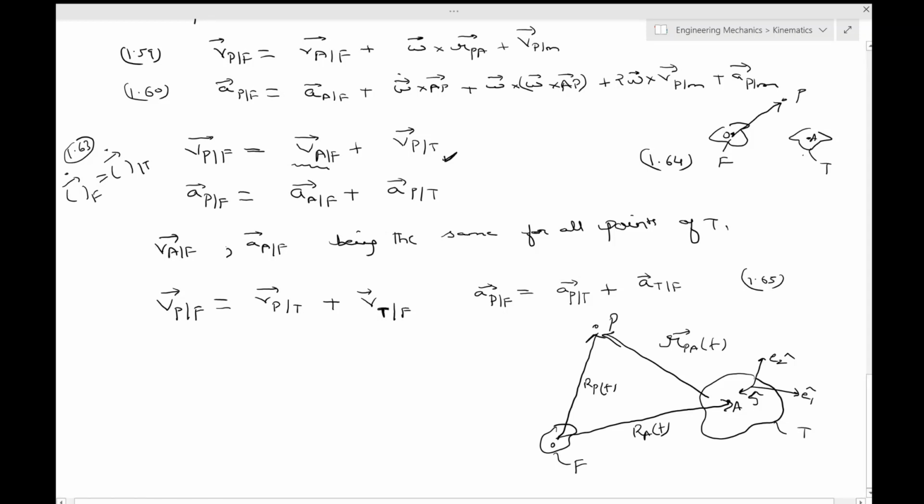Now you can use this equation 1.65 and let's take a point Q. This is just to show that you can keep on adding them, the relative velocities and accelerations.